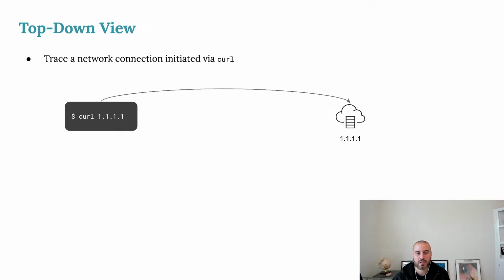If we want to trace a network connection, in this case using curl to 1.1.1.1, a server that lives somewhere over the internet, we could have some type of instrumentation in curl that keeps track of connections to a given destination. But let's go down into the Linux stack to understand what's actually happening and how we can use eBPF to help.